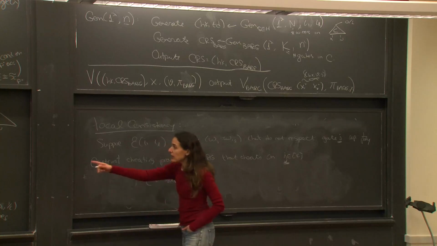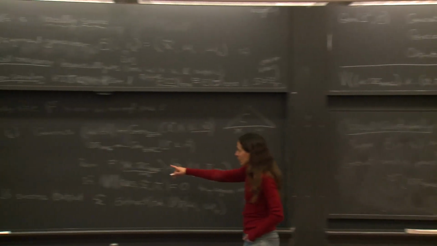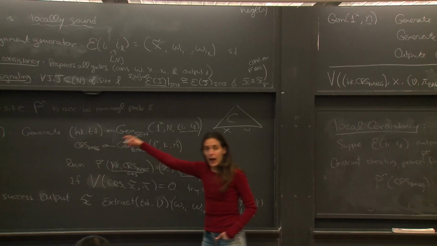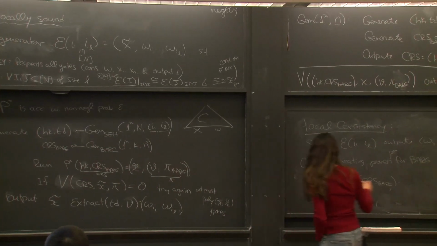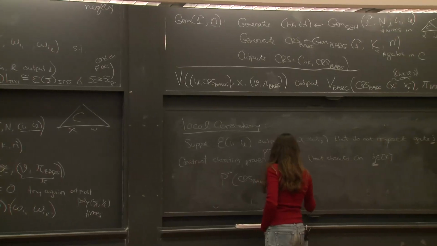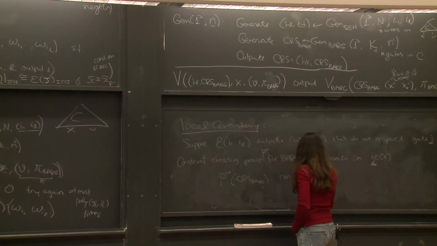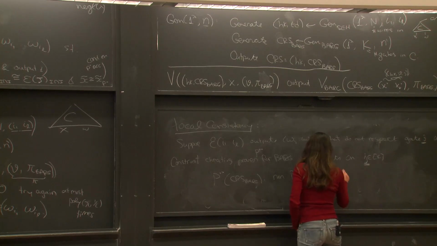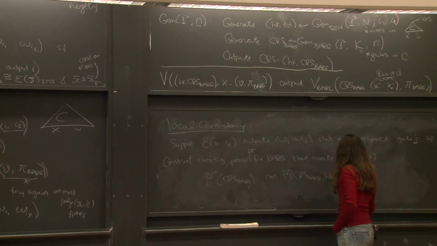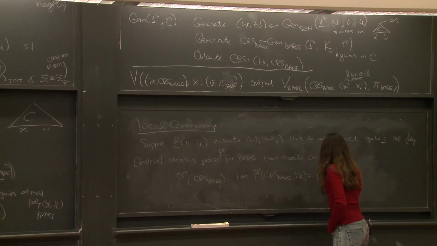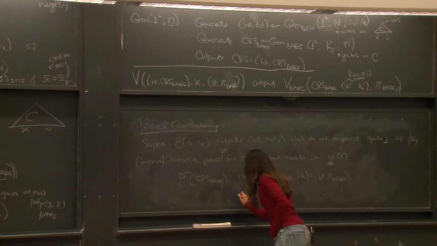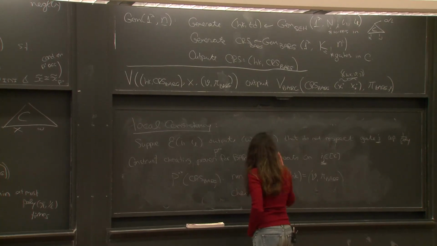He generates the hash key on his own, and he runs P star on the CRS of the BARG and the hash key that he generates, and he gets V and pi BARG. And now P double star will cheat. Here are the instances that he gives.